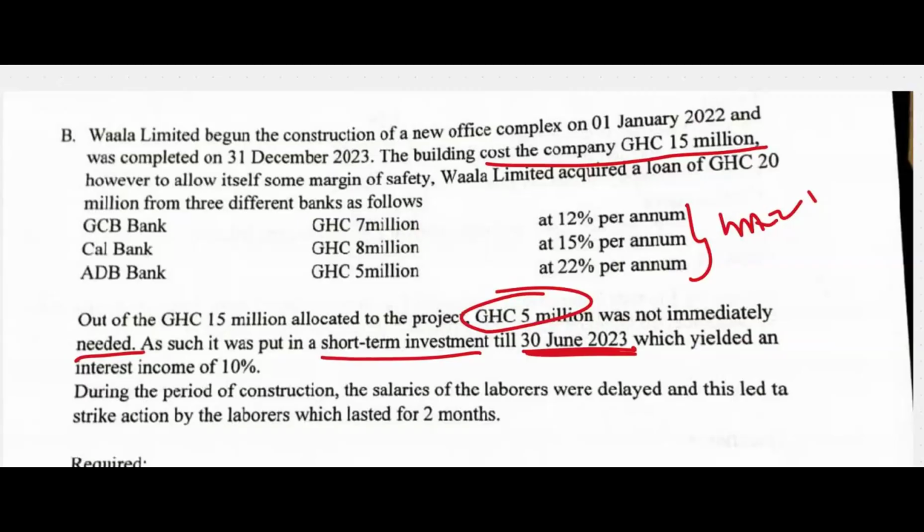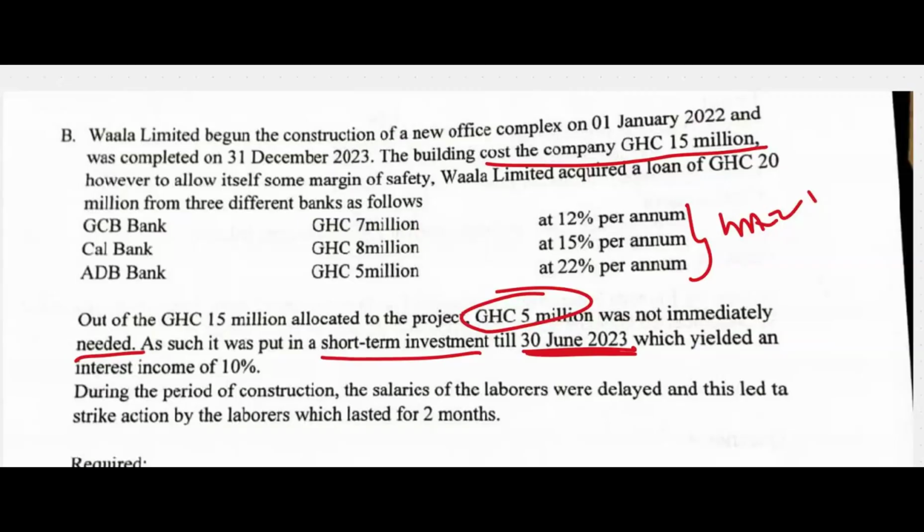If the laborers cease to work because they are on strike action, will the work continue? No. Good. So at that period of 2 months, borrowing costs will be suspended.